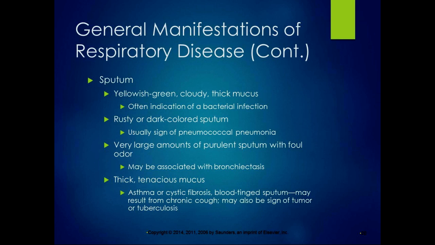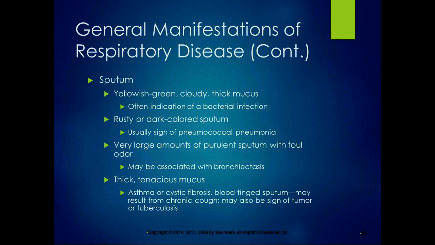Rusty or dark colored sputum is usually a sign of pneumococcal pneumonia, and that is blood usually. Large amounts of purulent sputum with a foul odor can be associated with bronchiectasis, which is like a spasm, a bronchospasm.